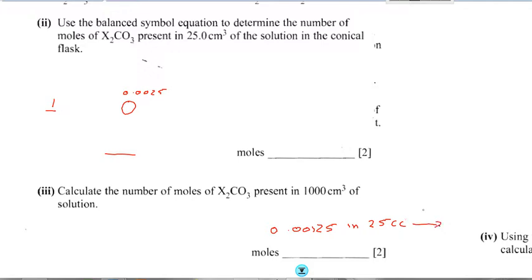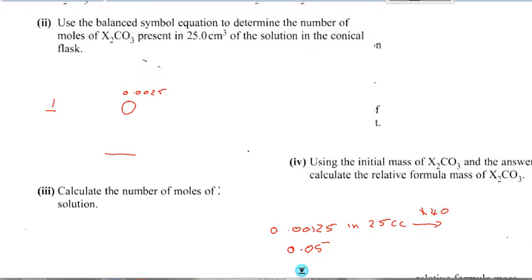So if we take that and multiply it by the fraction that 25 is of 1000, which is a 40th, so we multiply it up by 40, that gives me an answer of 0.05 moles of X2CO3 in the original 1000 cubic centimeters. You'll notice this question is really quite similar in many ways to the previous one.